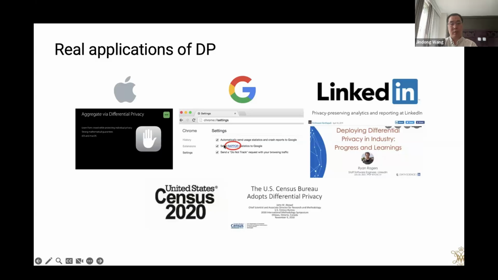Google uses this DP to aggregate your statistical information. And LinkedIn uses privacy-preserving analytics and reporting. The US Census 2020 also adopted differential privacy. So those are some real use cases. You now see differential privacy is actually helpful, and a lot of companies and governments have started to use it.